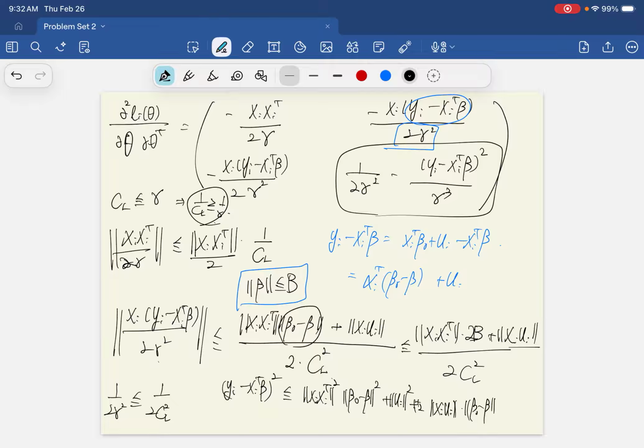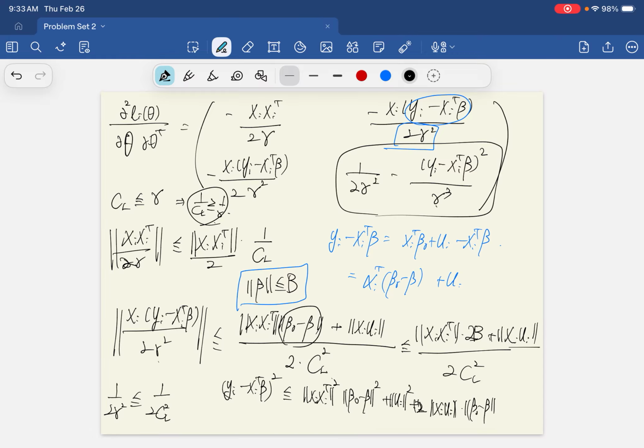We did this in another question, so we can bound it like that. Okay, and of course the denominator gamma to 3 is also bounded by CL to 3, so everything is bounded, right?